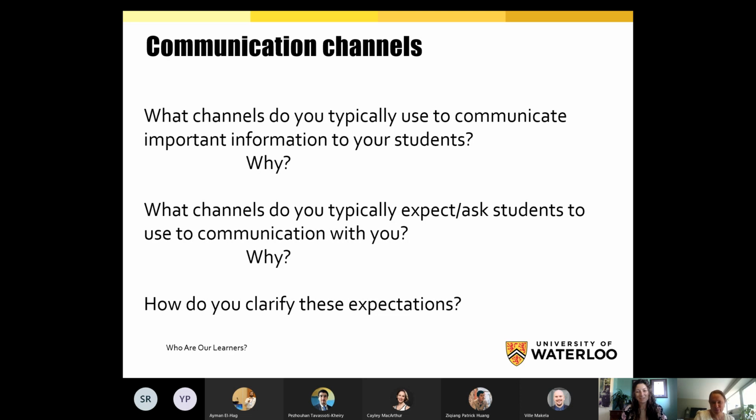Kaylee, go ahead. You've got a hand. Please go. I was wondering, I think I have a lot less experience teaching than everyone else here, so I'm open to hearing everyone else's practices too, but how do you manage those emails that come in at 3 a.m.? Do you encourage a policy or give students an idea of "you can expect to hear back from me within 48 hours", or how do you manage that onslaught of emails so that you don't get totally washed away with it?